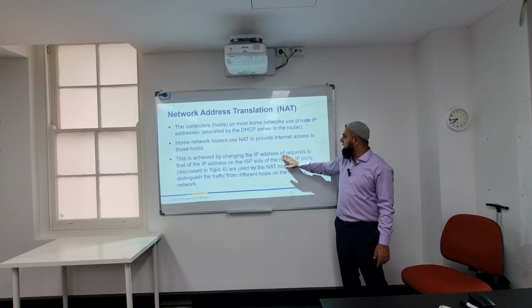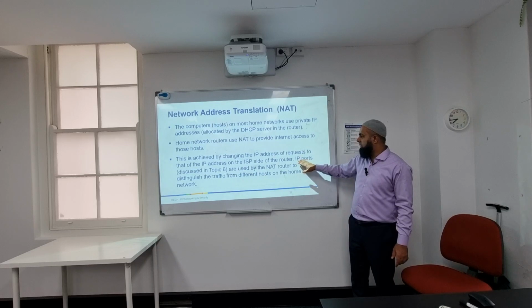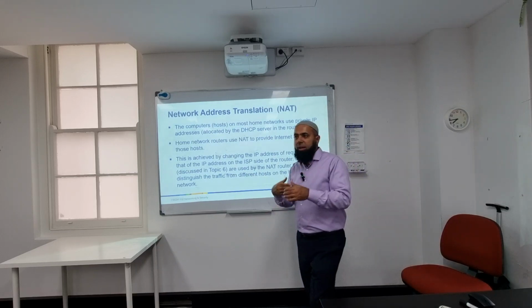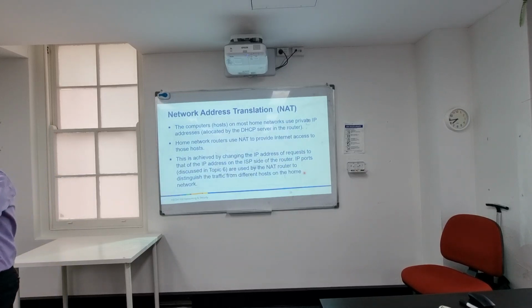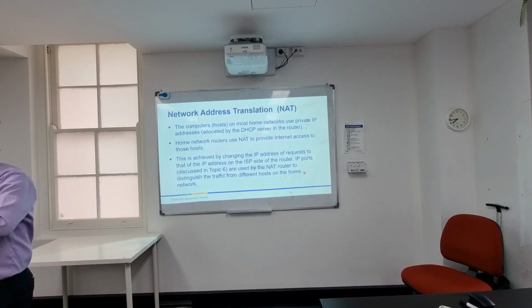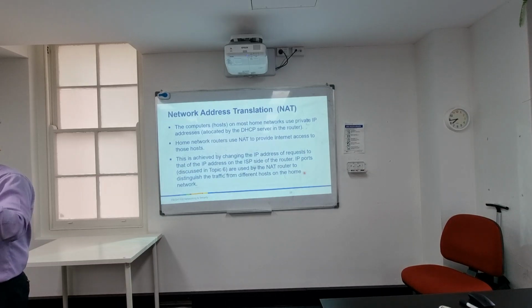This is achieved by changing the IP address of the request to that of the IP address on the ISP side. So in that way, it is going to change the IP addresses as soon as it is moving onto the international domain, from the router side to the ISP. Let's say for example, from my router, it's going to Telstra or Optus.